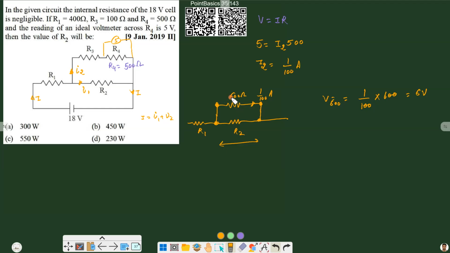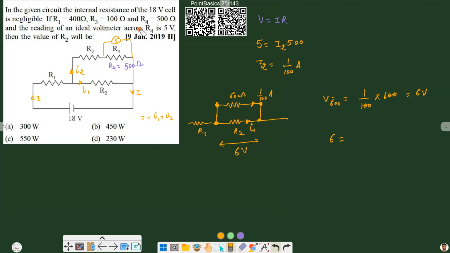Using this 6 volt value and the value of R2, we could find the current through R2, which we denoted by I1.